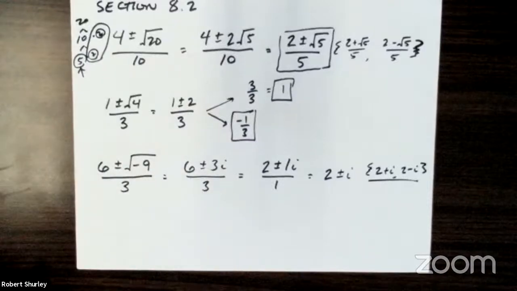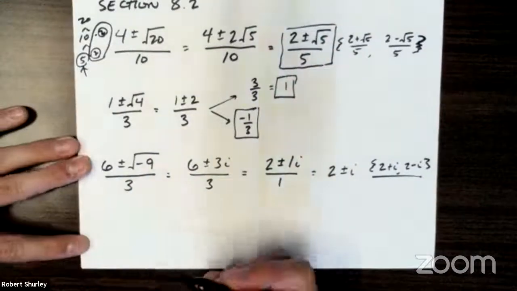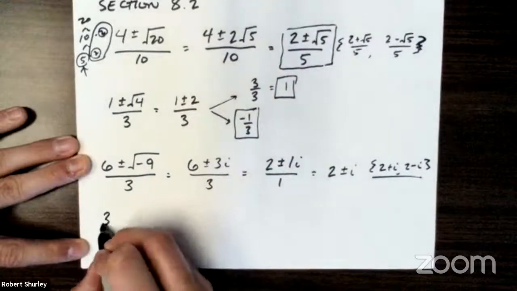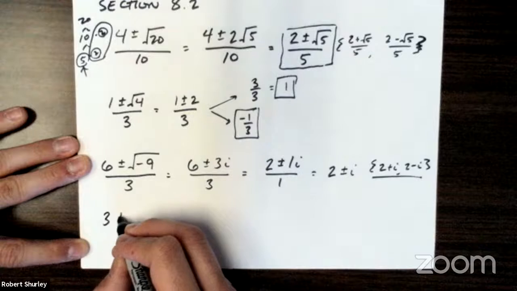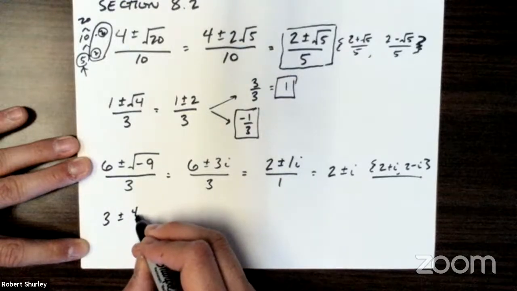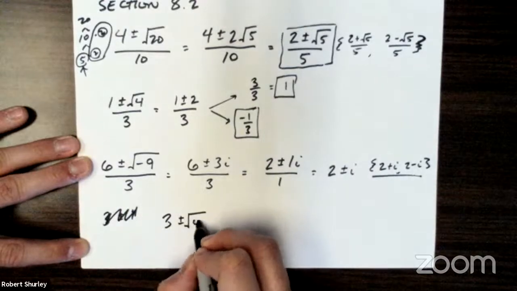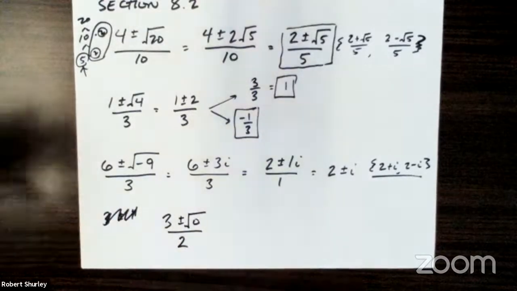Okay, let me think of another one we might get. Another example we might get, which kind of looks goofy, is like this: 3 plus or minus the square root of 0 over 2, okay?